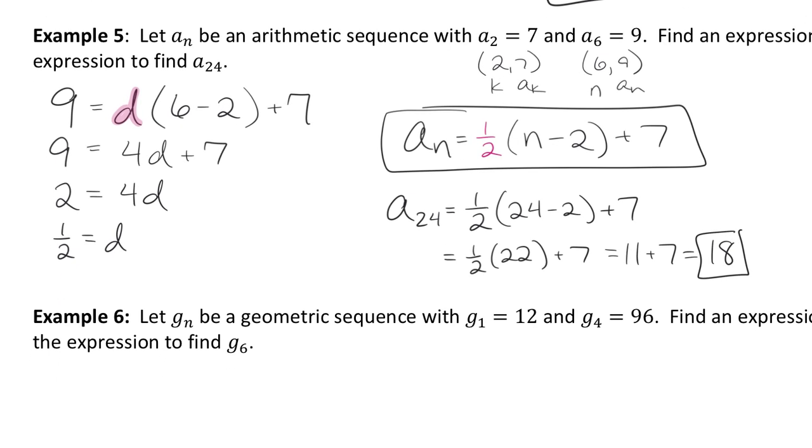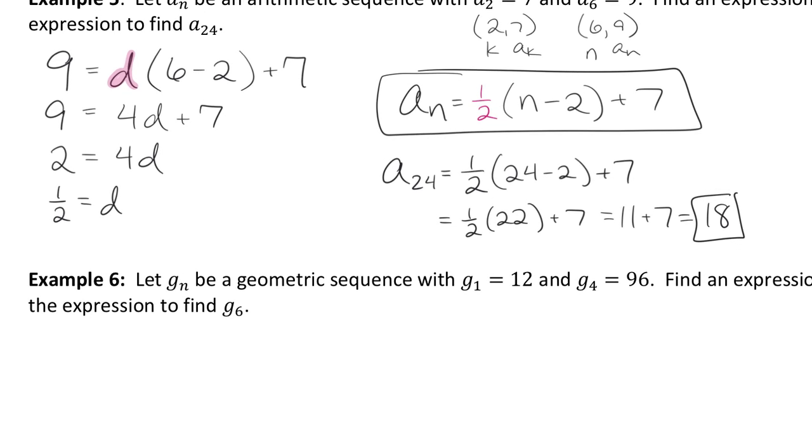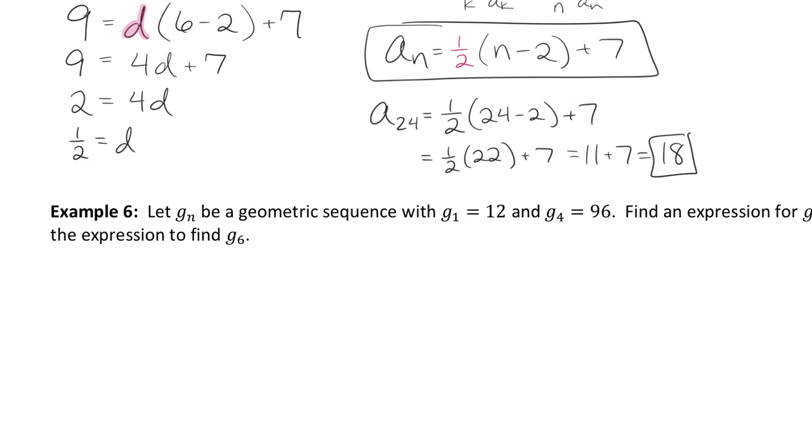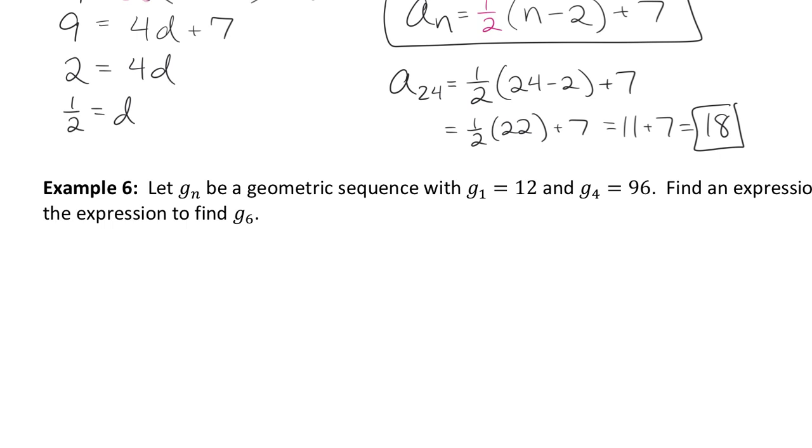Let's try another one so that I don't confuse you at the jump, right? This next one also wants us to do the same exact thing, except this time it is a geometric sequence. So we're going to label our coordinate points, making sure that the larger one is the n. The larger letters are the n.